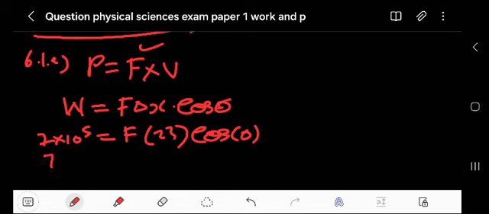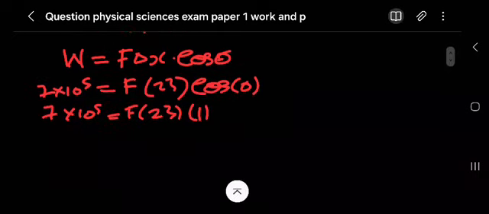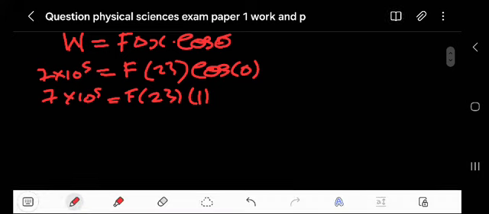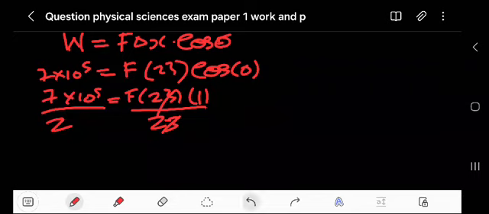Then 7 times 10 to the power 5 equals F times 23, and cos of 0 is 1. Then we divide both sides by 23.